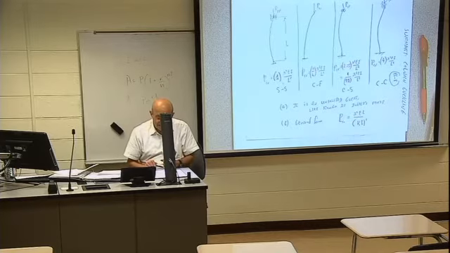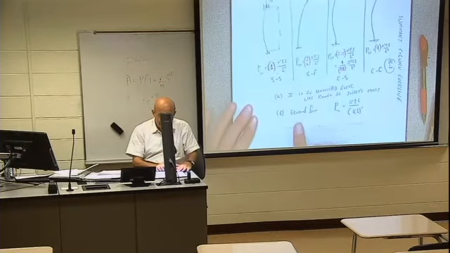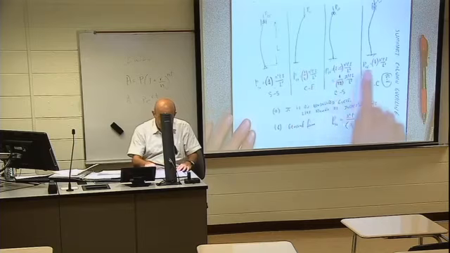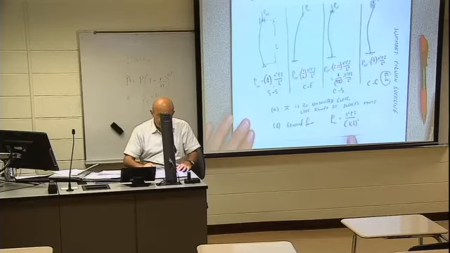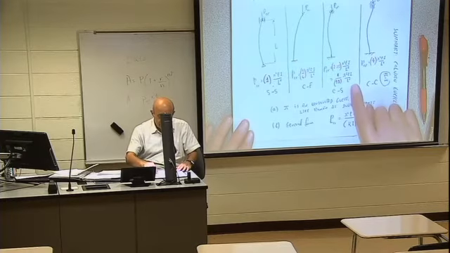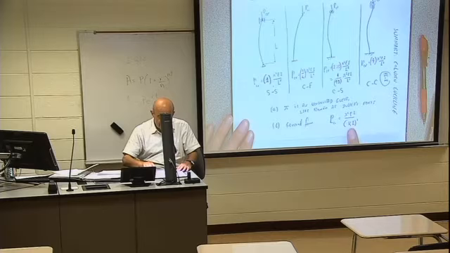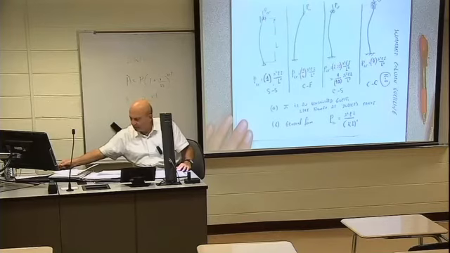So pi is an uninvited guest. Second, the general form of these equations is the same. P critical equals pi squared EI, then there is L squared, but then there is some factor and L squared.